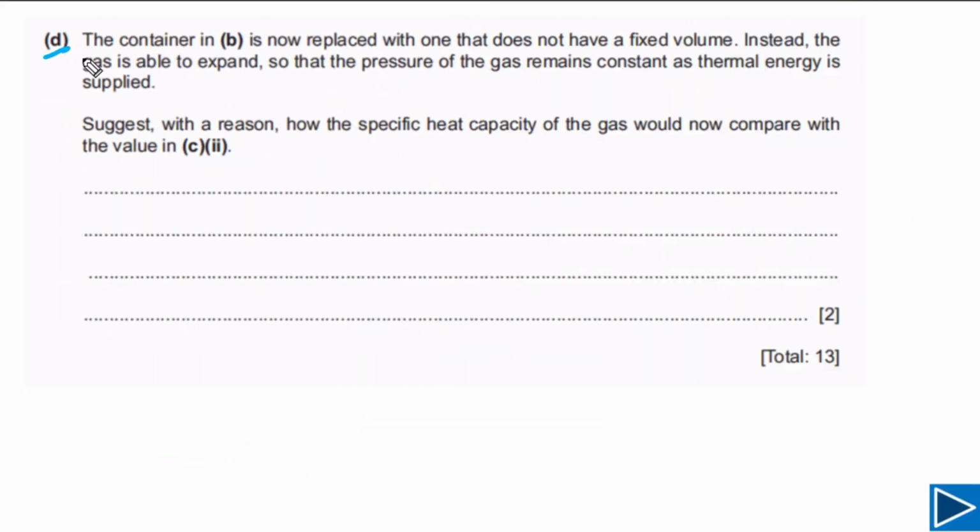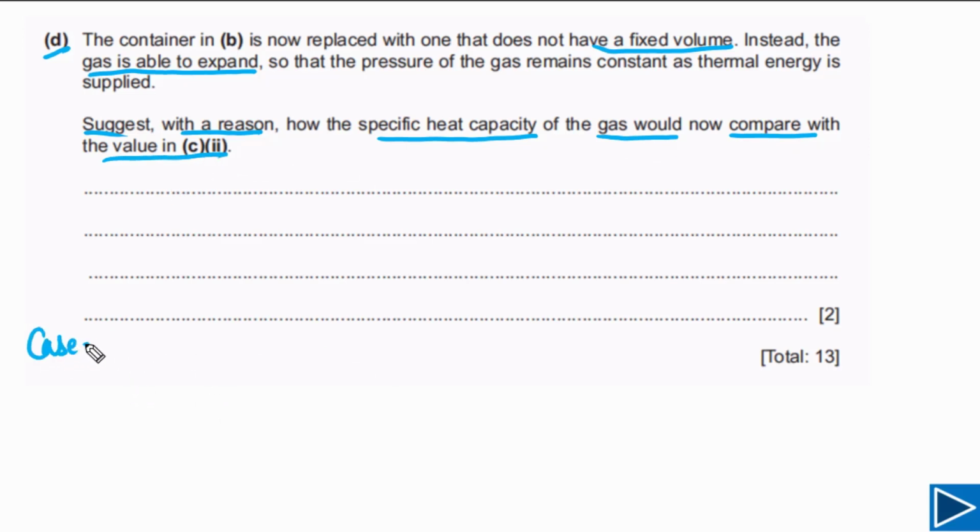For part D, it is given to us that the gas is able to expand now because the volume of the new container is not fixed, and we need to suggest with a reason how the specific heat capacity of the gas would compare with the value in C2. For this purpose, let's start from here.